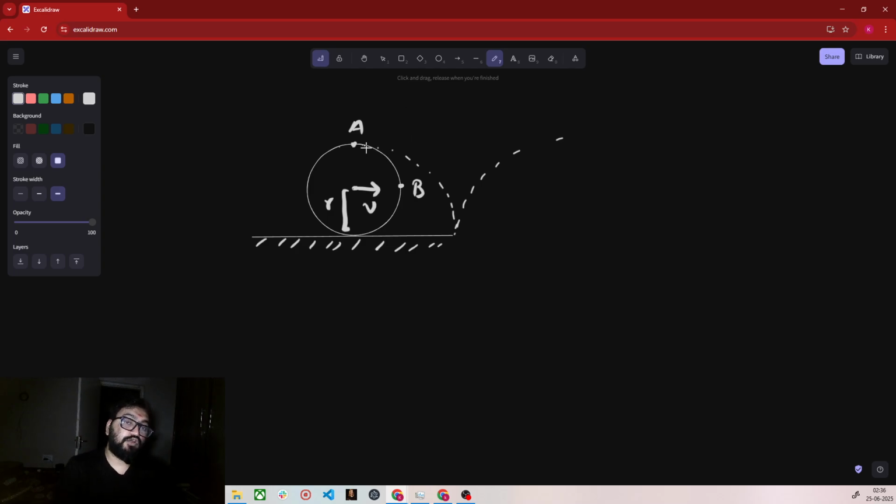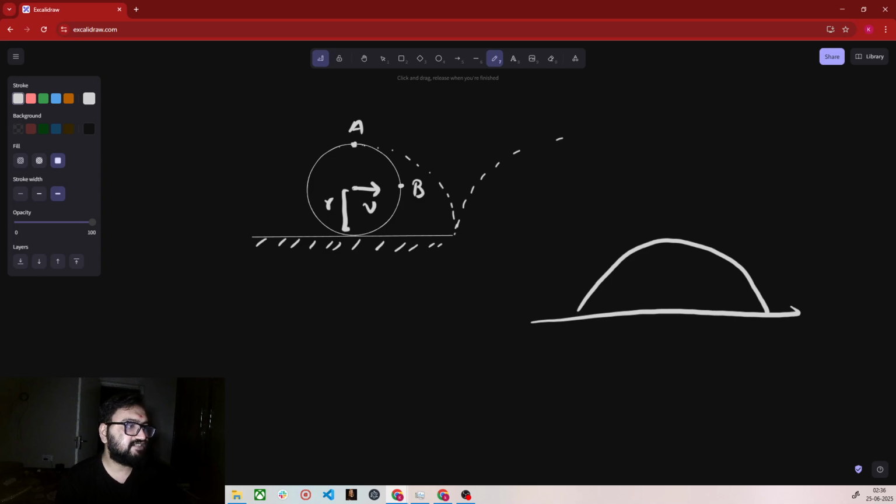But we need to find out the instantaneous radius of curvature, because radius of curvature itself is an instantaneous term. The radius of curvature of A would be different at different points. For example, generally people ask about the radius of curvature in case of projectile motion, wherein we are asked to find out the radius of curvature of a point which is projected with an initial velocity of u and the angle of projection is theta, and we need to find out the radius of curvature at the topmost point.